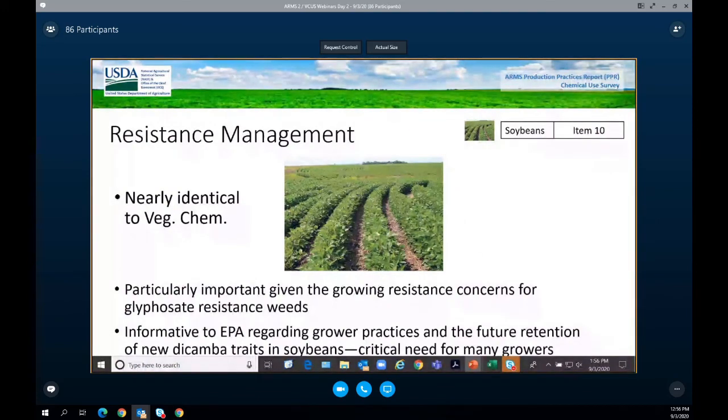I don't think that Enlist soybeans have been commercialized for large-scale use yet, although this might be the first season that they're in usage. And that's going to provide post-emergent late-season control with 2,4-D. So all these issues are really on soybean growers' minds.